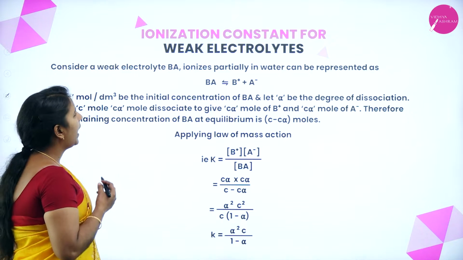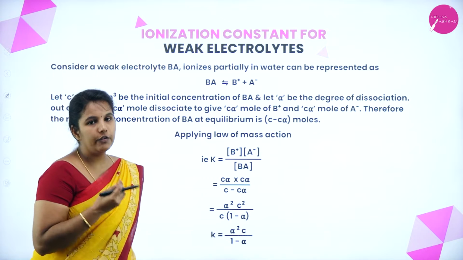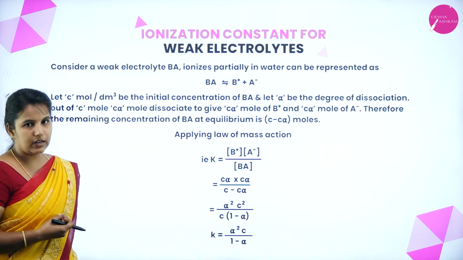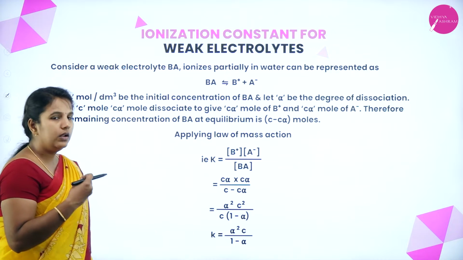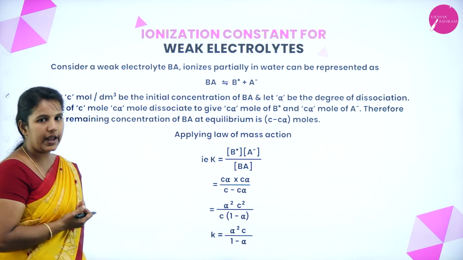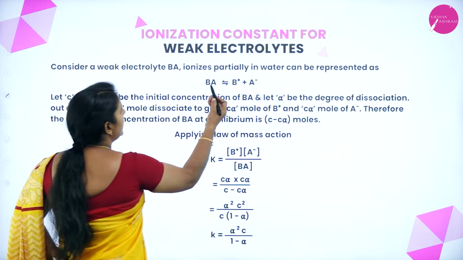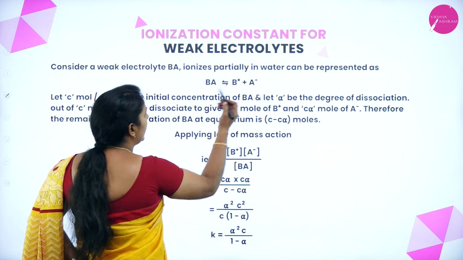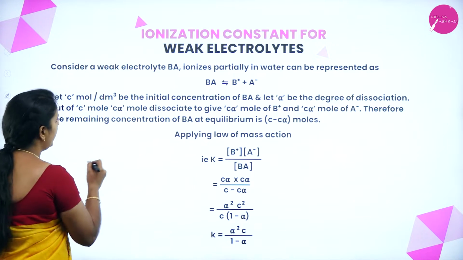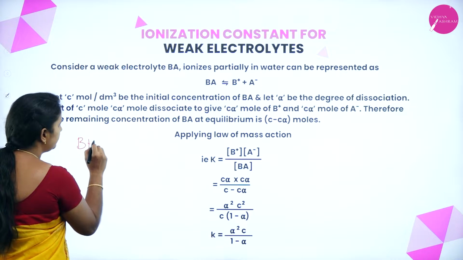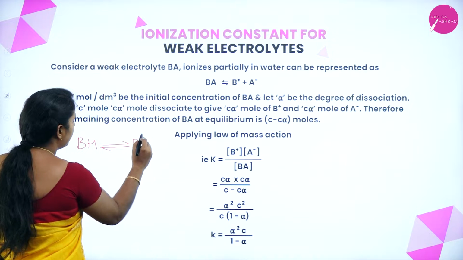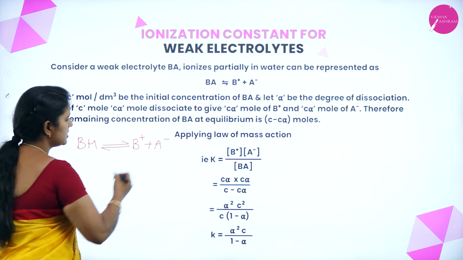Next we have the ionization constant for a weak electrolyte. I'll consider a weak electrolyte BA here, and when I say that it is a weak electrolyte, we know that it undergoes partial ionization. So BA undergoes partial ionization to give B plus and A minus.